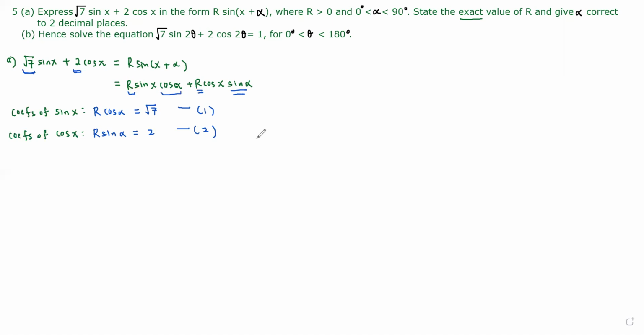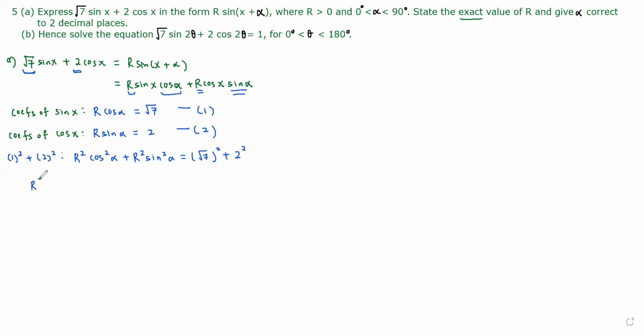To find the value of R, we take the sum of squares of equation number 1 and equation number 2, so that we have R squared cos squared alpha plus R squared sine squared alpha. That is the sum of squares of square root of 7 and 2.